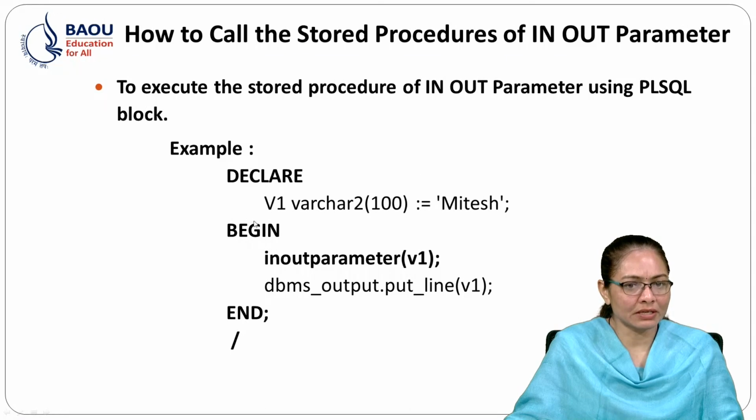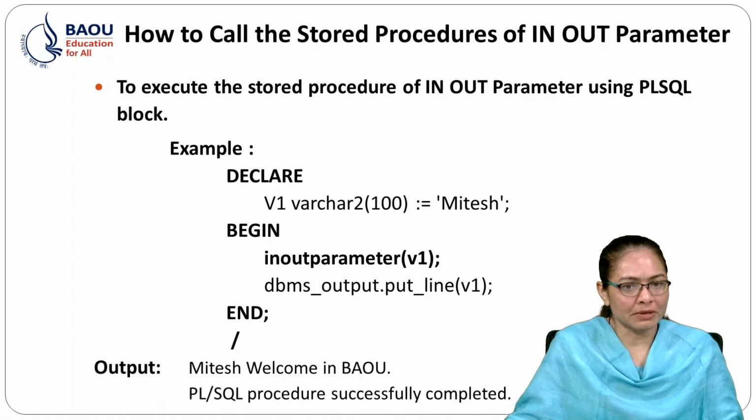Mitesh is stored in v1. In the BEGIN section, in out procedure name and pass v1 is used to give the value to the procedure and receive the value from the procedure. See, in the output, Mitesh welcome in BAOU.